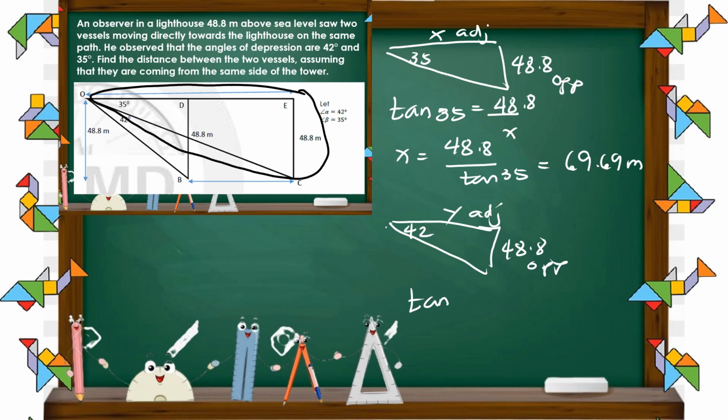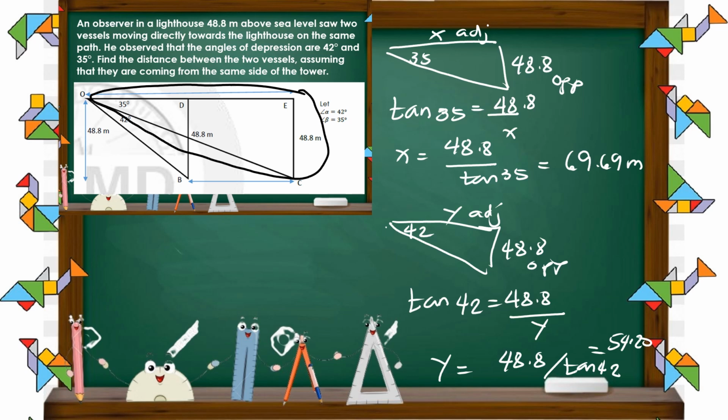Then for this one, we're going to use tangent again. Tangent 42 is equal to 48.8 divided by y. The unknown is in the denominator, so that's division: 48.8 divided by tangent 42. Using the calculator, we're going to have 54.20. So that is the two lengths.